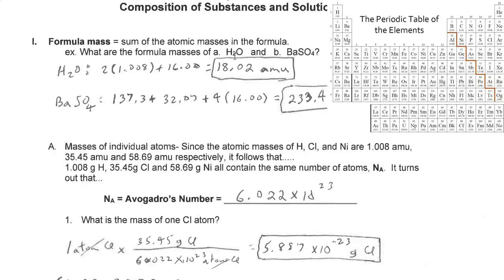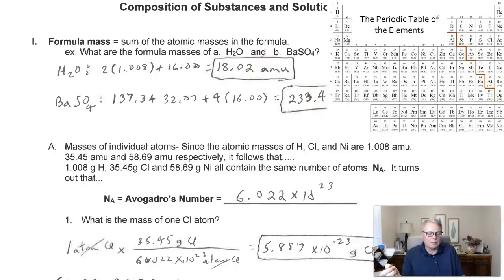Well, think about it. Does this make sense to you? If I took 2 hydrogen atoms and an oxygen atom, and I put them on a little balance scale here, and I took a water molecule and I put it on this side over here, would they balance? Well, yeah, because a water molecule is made up of 2 hydrogens and an oxygen. So does it make sense to you? All I have to do is add up the weight of 2 hydrogens and 1 oxygen, and that's how much a water molecule might weigh.